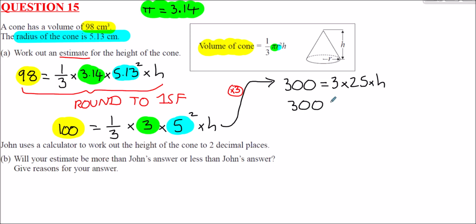Now 3 times 25 is 75. 75 times h is 75 h's. So therefore, to have h on its own, I can divide both sides of this by 75. Or alternatively, I can think 75 times what number gives me 300. Well, a bit of thinking it through, you should find that's 4. So h, roughly, is 4 centimeters.